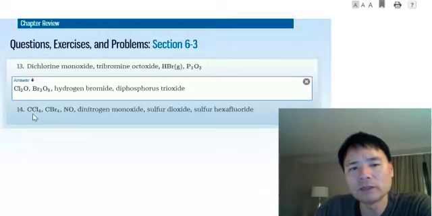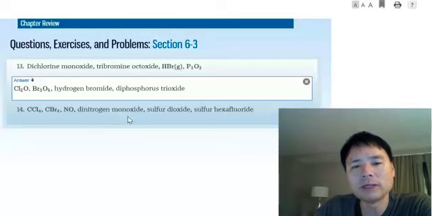Okay, then 14, CCl4, binary molecular compound, once again, 2 nonmetals, carbon and chlorine. So this would be carbon tetrachloride, tetra for 4. CBr4, again, binary molecular compound, would be carbon tetrabromide. NO would be nitrogen monoxide or nitric oxide.